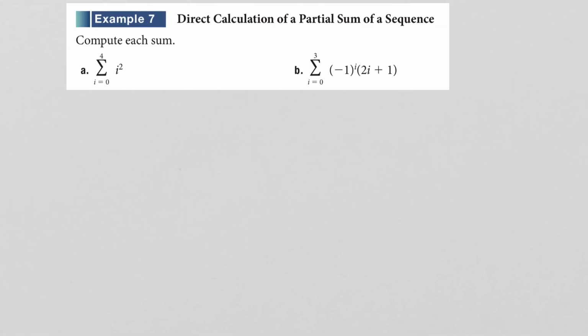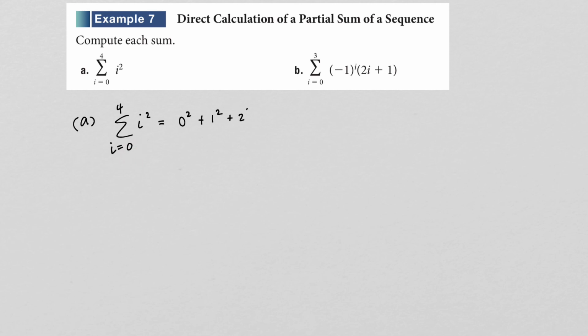In the first example, we're asked to calculate the sum starting at i equals 0, stopping at i equals 4, of i squared. To do this, we're going to take the number 0 and plug it in here for i. So that's going to give us 0 squared. Then we go to the next number, 1, so we add 1 squared.